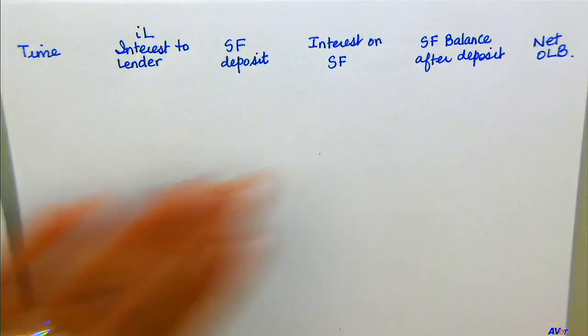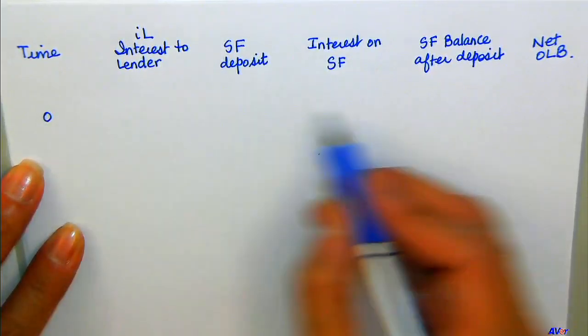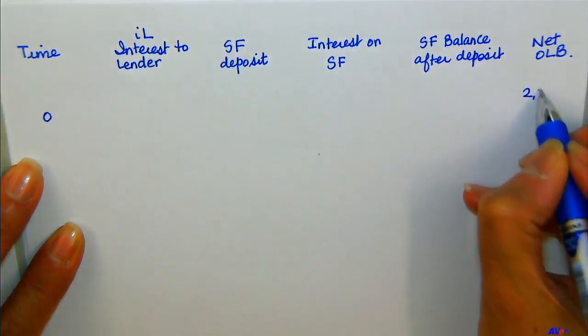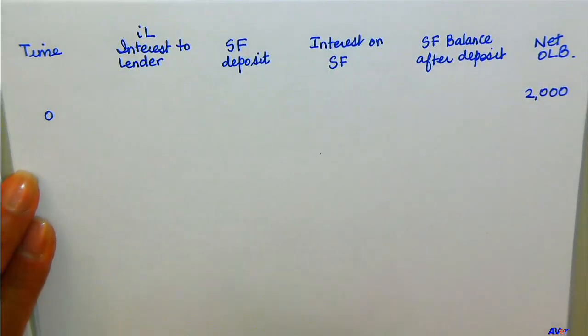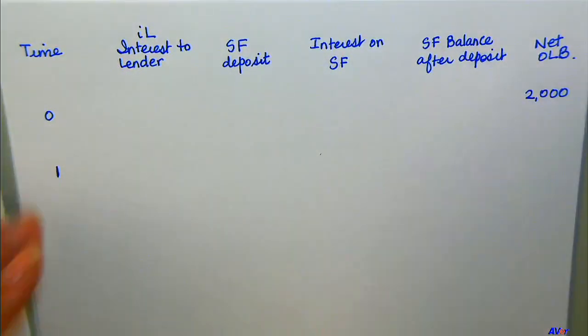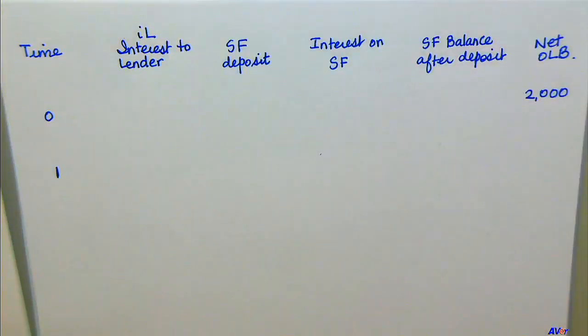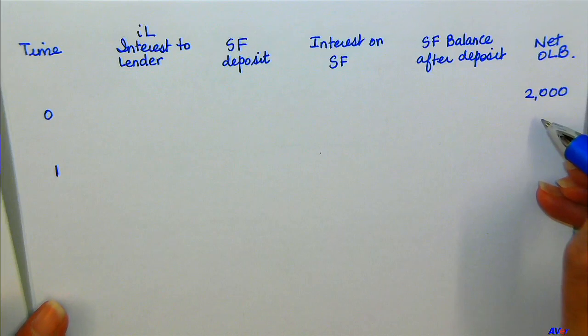Let's start with time zero. Time zero, nothing is happening. You owe $2,000 on this loan. So net OLB, $2,000. Next, time one. It says over here that a payment of $800 is made at time one. So first thing I have to do is figure out, what do I owe mom? What do I owe the lender, right?